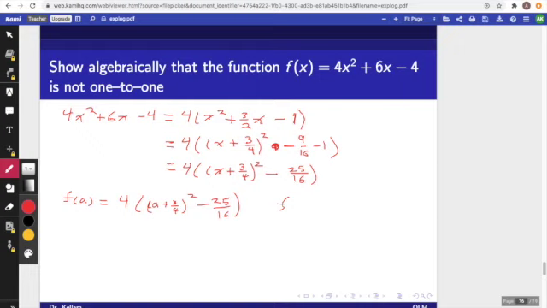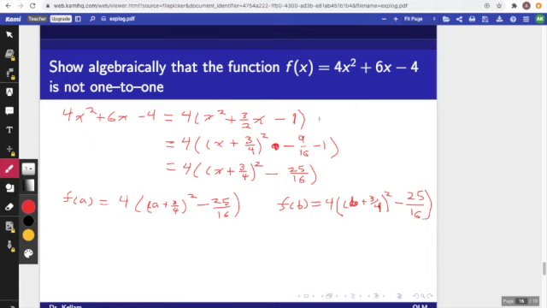And f of b equals 4(b plus 3/4) squared minus 25/16.